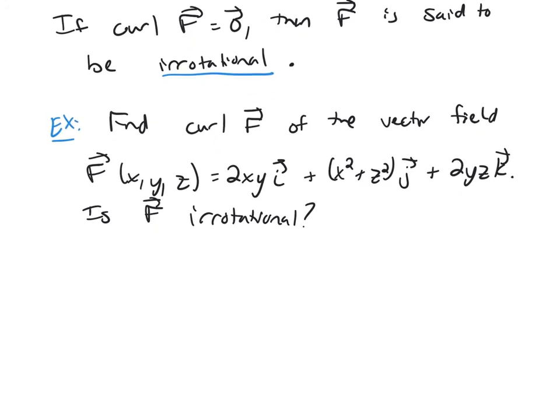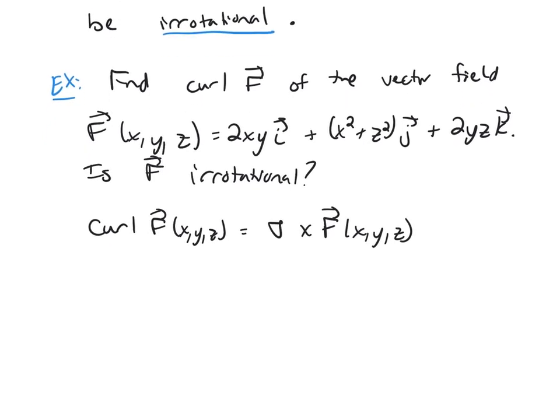So we start by computing curl. The curl of f, it's the gradient across our vector field. Now you don't need to memorize that formula as long as you remember how to compute the cross product. So here we have i, j, and k.